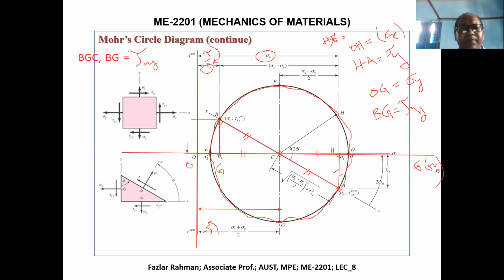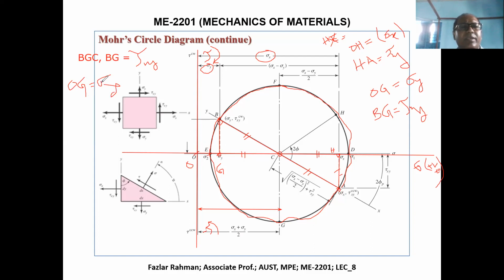So you see, and what is the OG? If I write down OG, this equals how much? OG, we already wrote down over here. OG equals sigma y. That means the distance between this line and this line, over here, is sigma y. So I'm saying this is sigma y.